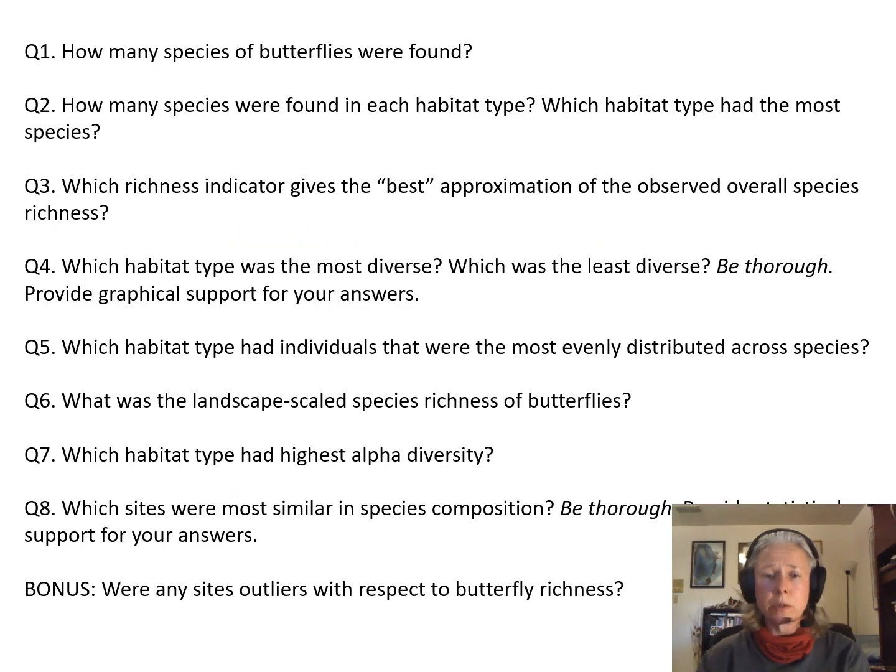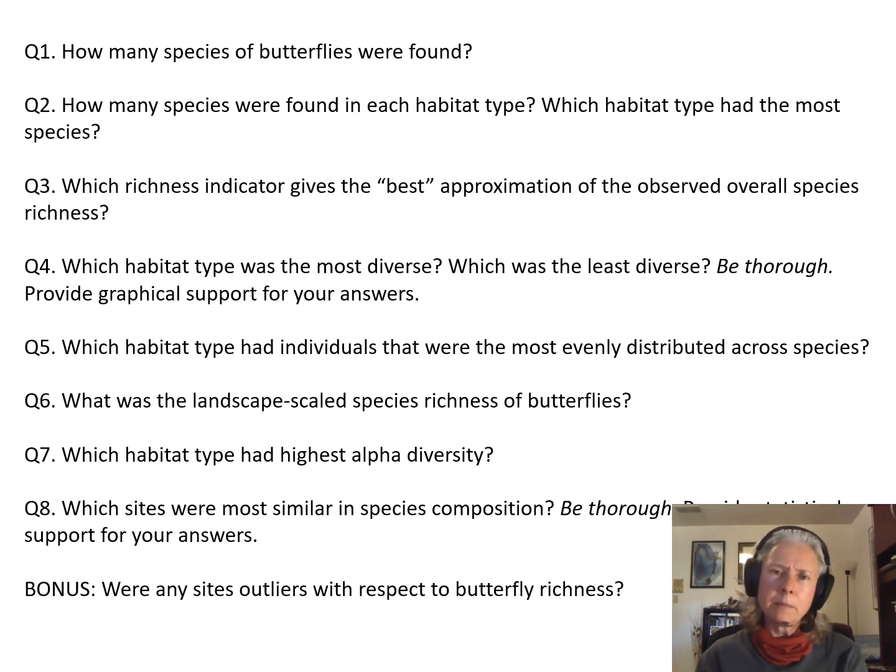And in doing so, you're going to answer these questions. And these are absolutely fundamental kinds of questions that should be asked about any ecological community. How many species do you have? How many were in each habitat type? Which habitat type had the most? Then which richness indicator do you think gives the best estimate of what the true richness is, given that we have samples of that?